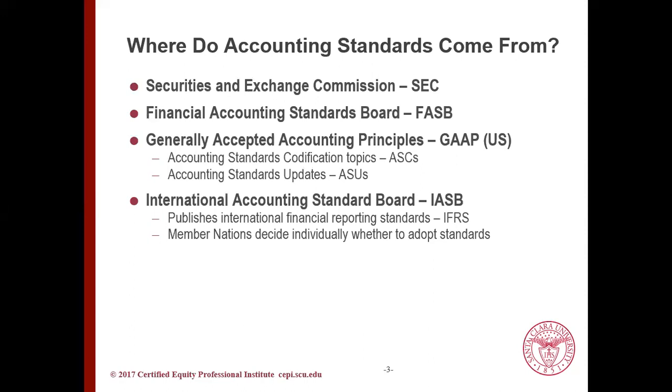So before IASB would apply to US companies, the US would have to choose to adopt IASB. And at this time, the US has not chosen to do that. We are still under our own system, which is GAAP, developed by the FASB. There are some countries that have adopted IFRS or the IASB standards, but not here in the US.